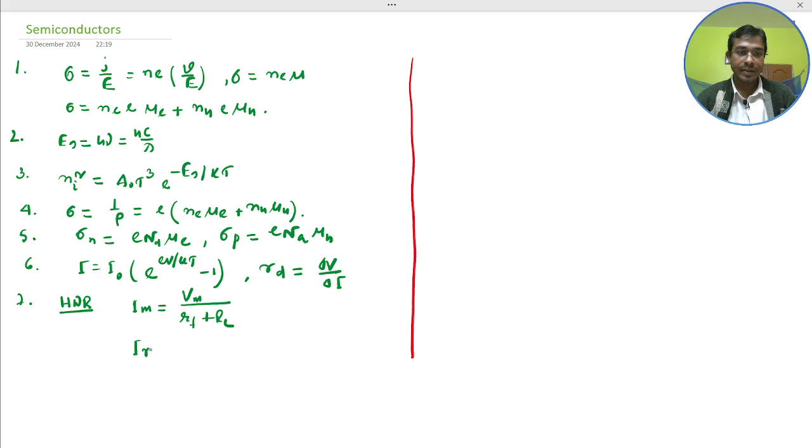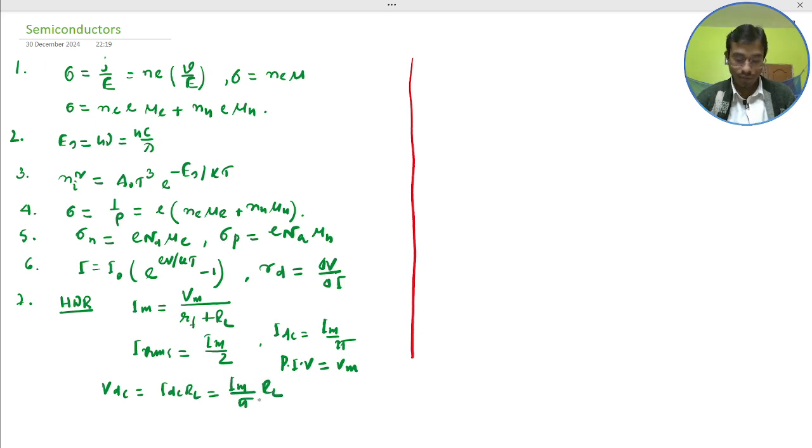The RMS value I_RMS is equal to the peak value divided by 2, and the DC value of current I_DC is equal to I_m divided by pi. The peak inverse voltage is equal to V_m, and the DC voltage V_DC is equal to I_DC R_L, which is I_m divided by pi into R_L.